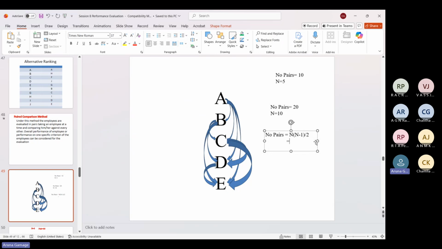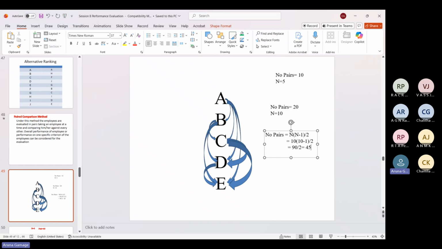How many employees? 10. So 10 into 10 minus 1, which is 9. 9 into 10 means 90. Divide by 2. How many? 45. Yes?